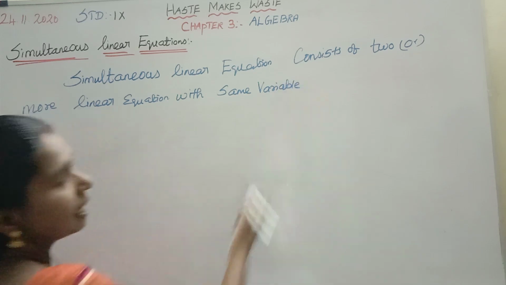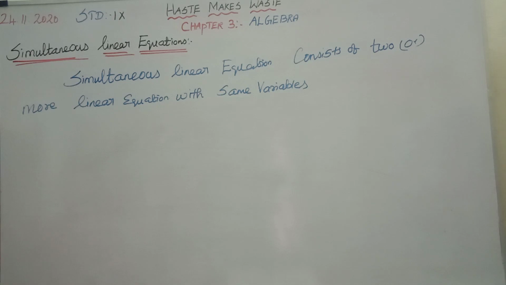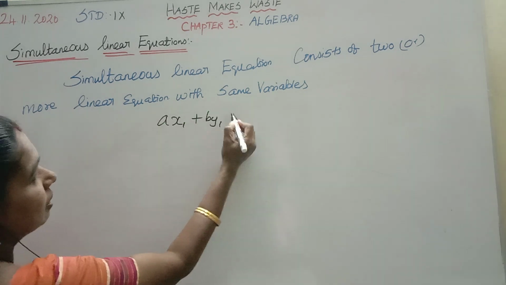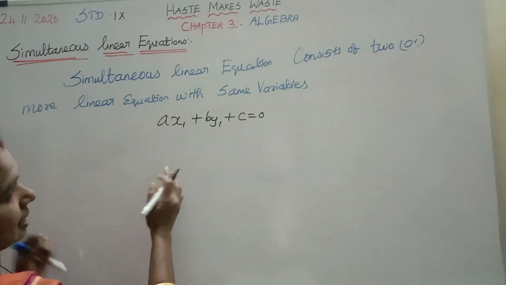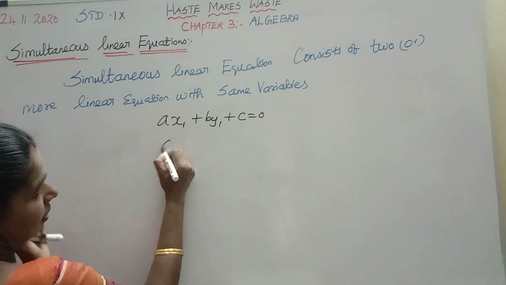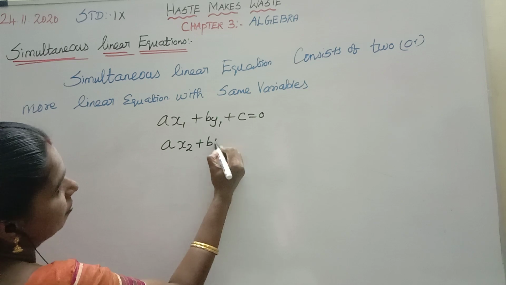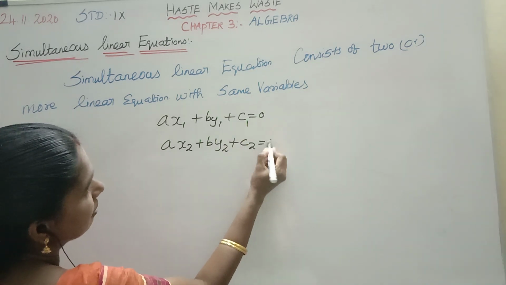Okay, with the same variables. Just you give one example for me. It's very good. Shall we take like this? Yes, we can write like this: a1x plus b1y plus c1 equal to 0, and the second one a2x plus b2y plus c2 equal to 0.